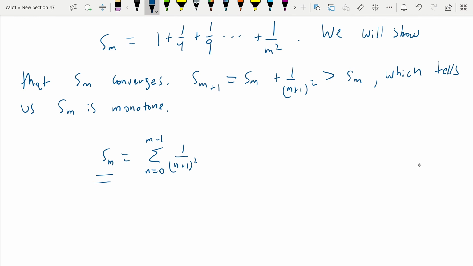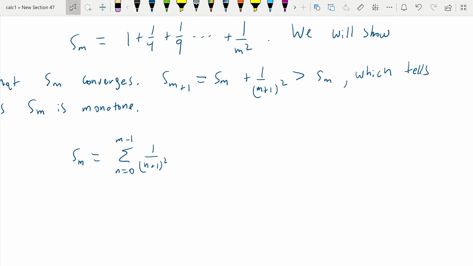So this is exactly equal to S_m. So you're adding 1 over 1 squared plus 1 over 4 plus up to 1 over m squared. This is S_m. Now I'm going to do a small manipulation here. So this is less than or equal to, look at what we have inside the sum. What we have in the bottom here is (n plus 1) times (n plus 1). So this is certainly smaller than n times (n plus 1).